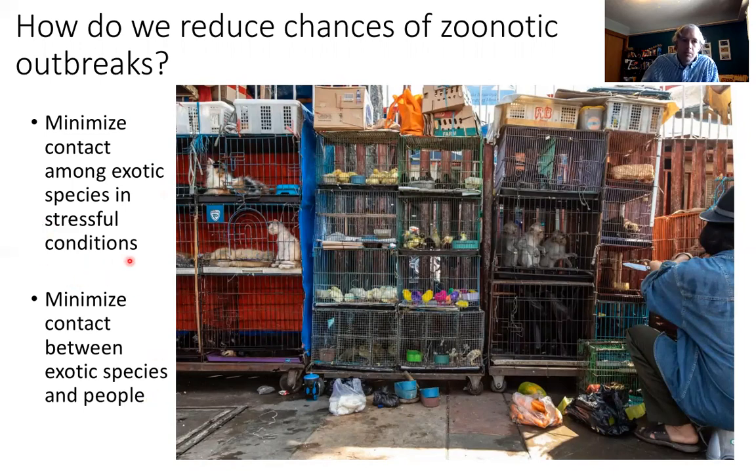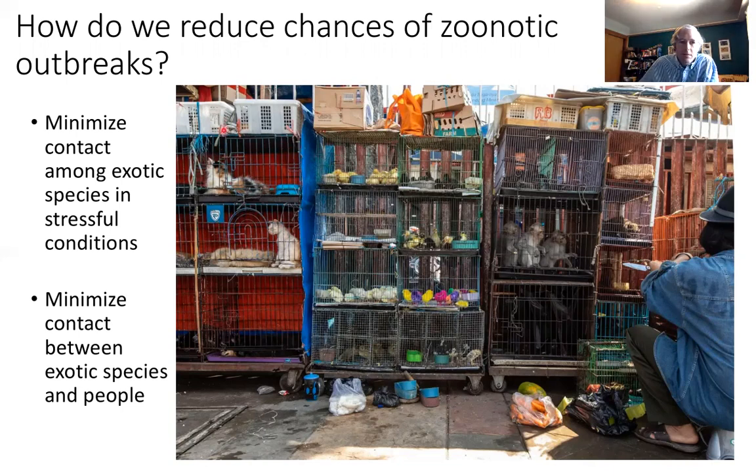The reason why we want to minimize contact among exotic species in stressful conditions is because if animals are placed in conditions like this, they become very stressed out. And if you become very stressed out, that weakens your immune system. And your weakened immune system means you're more susceptible to disease. And it means that if disease gets into you, that disease can reproduce better and you can pass it on much better.